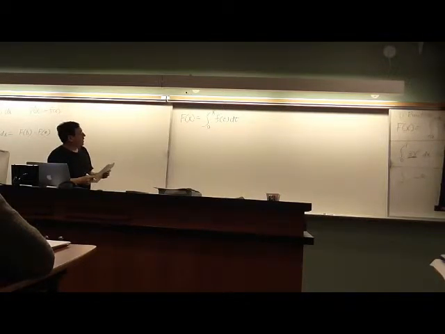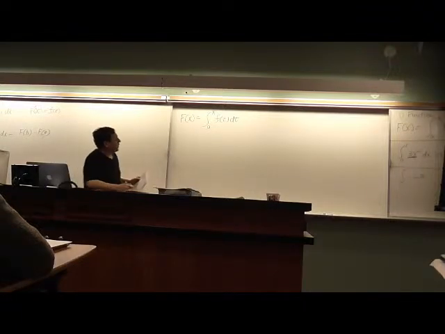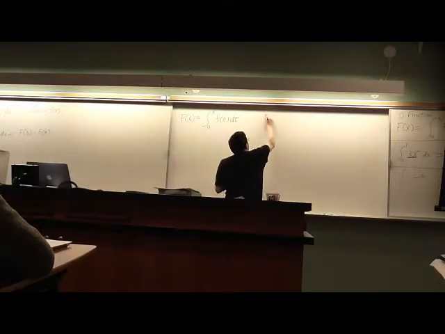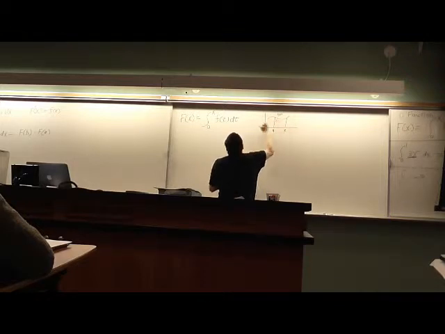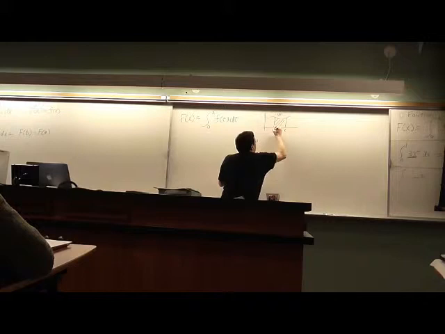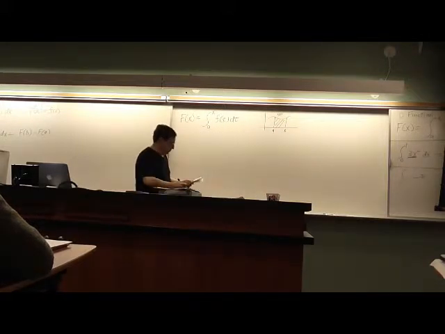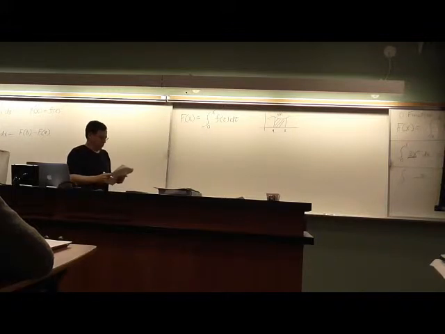Now I want to draw you a picture of what that looks like. So I have some function, f of x, and I'm defining this capital F function as the area between little a and x. Okay?